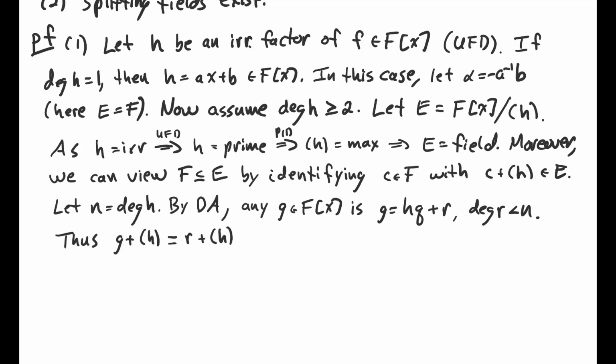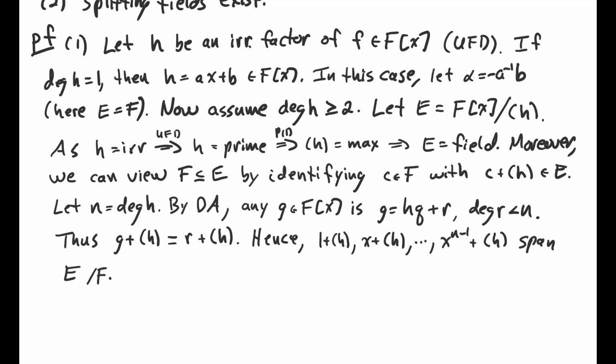All right, so once we've divided out by h, and since h is 0 in E, we get that g plus the ideal generated by h is the same as r plus the ideal generated by h. In particular, the images of 1, x up to x^(n-1) will span E over F.